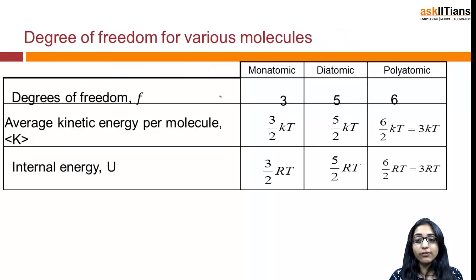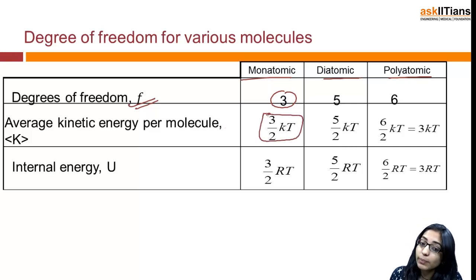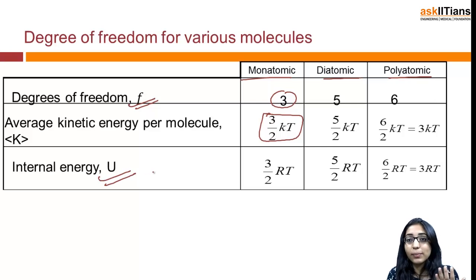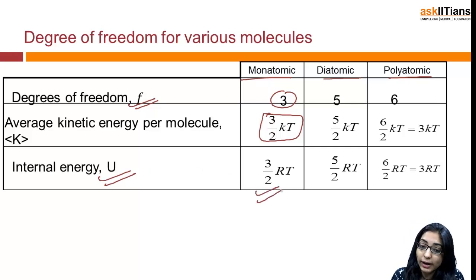Now, another thing we have is, again, monoatomic, diatomic and polyatomic molecules, and these are the degrees of freedom which I am talking about. Since we know that the monoatomic has 3 degrees of freedom, the average kinetic energy is 3/2 kBT, and hence the total internal energy is the internal energy of Avogadro's number of molecules, so it is 3/2 RT.